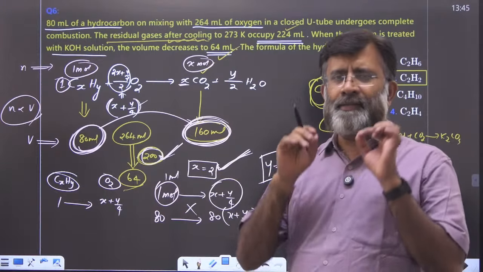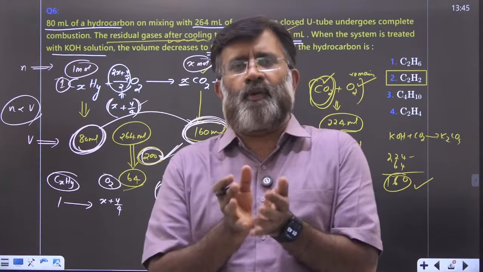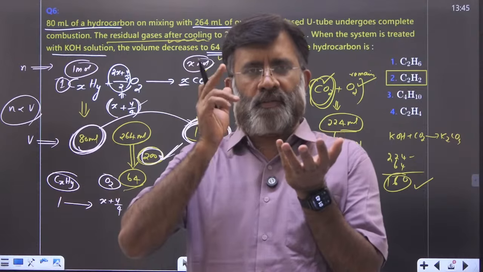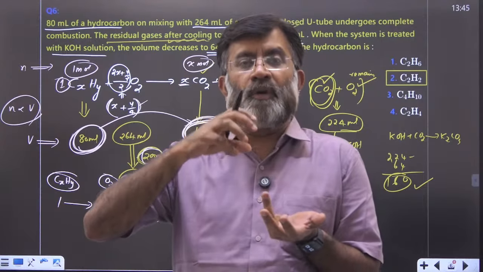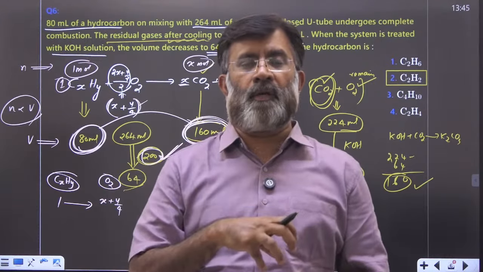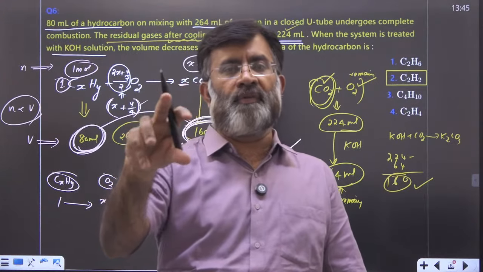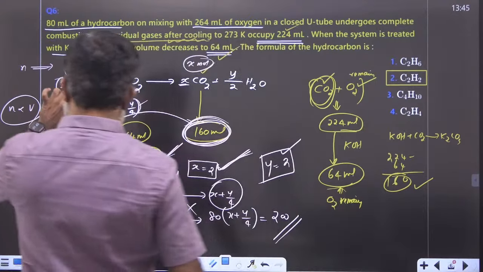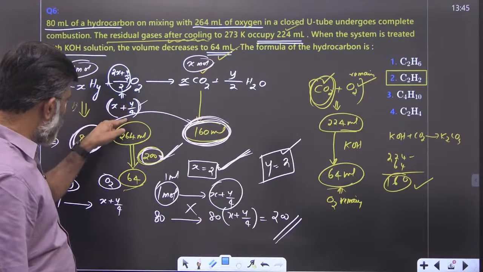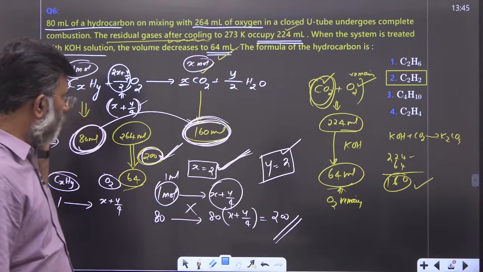Once again, it is a eudiometric calculation. From the data, we need to understand how much oxygen is consumed and how much carbon dioxide is produced for 80 ml of organic compound which is burnt. I repeat, CXHY plus x plus y by 4 O2 gives x CO2 plus y by 2 H2O.